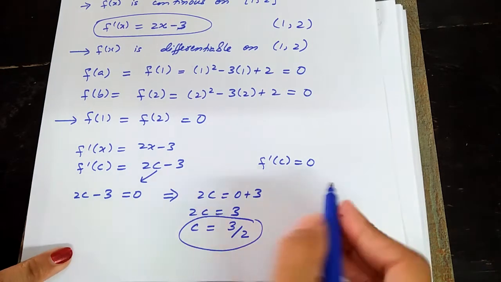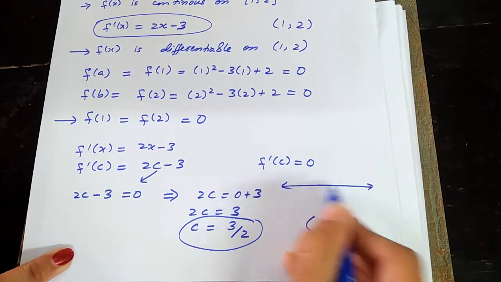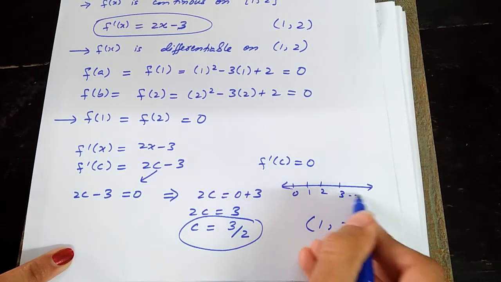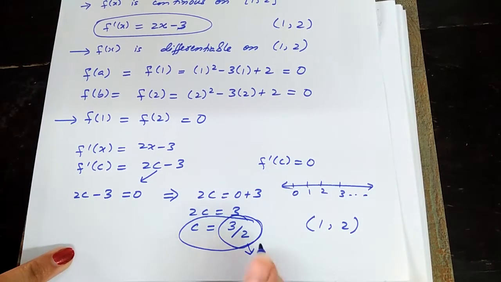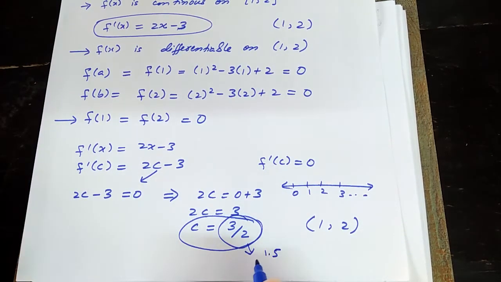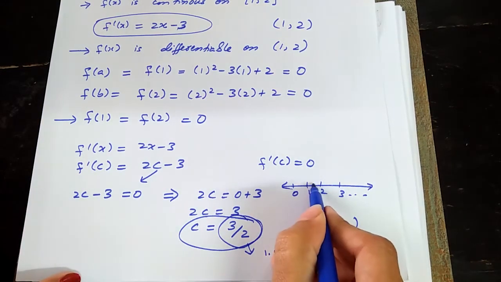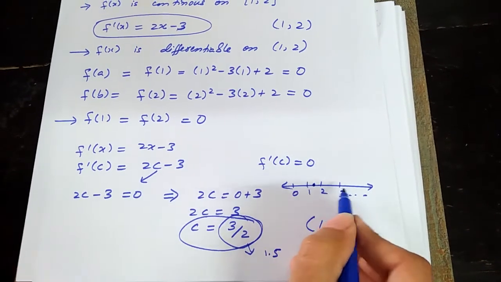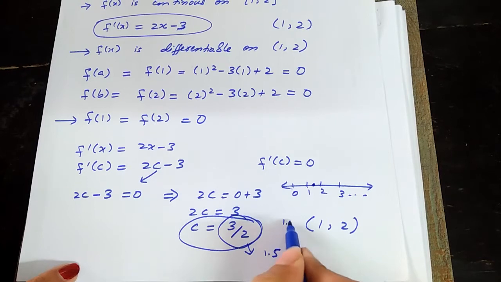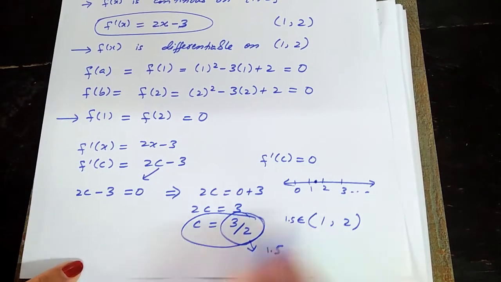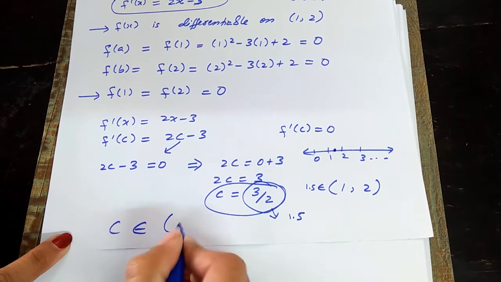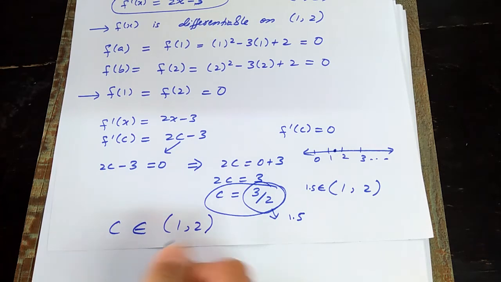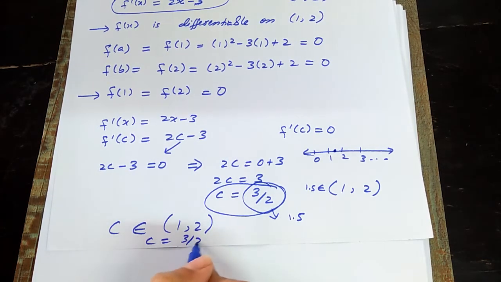You see on the number line we have 0, 1, 2, 3 and so on. This 3 by 2 is actually 1.5, so it lies between 1 and 2. So this 1.5 belongs to the interval (1, 2). So c belongs to this open interval (1, 2). So Rolle's theorem is valid and the value of c is exactly equal to 3 over 2.